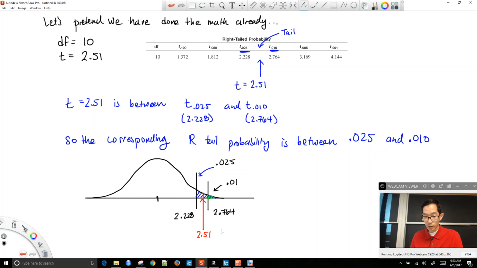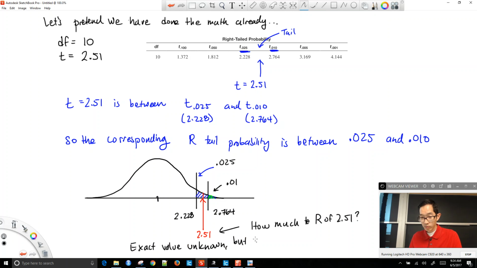How much is to the right of 2.51? The exact value is unknown, but it is between 0.01 and 0.025.